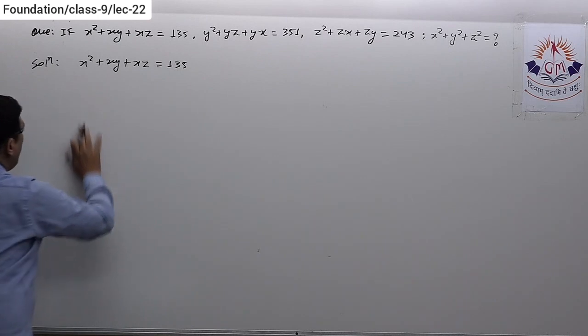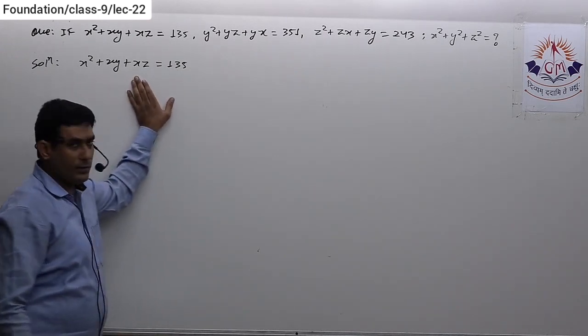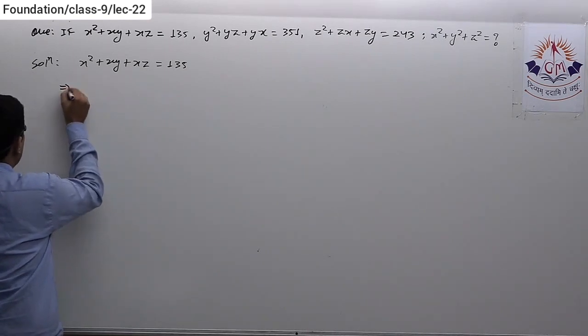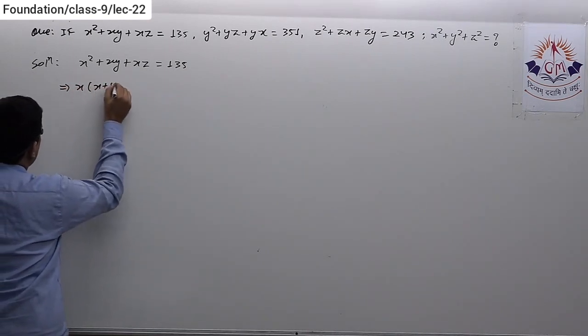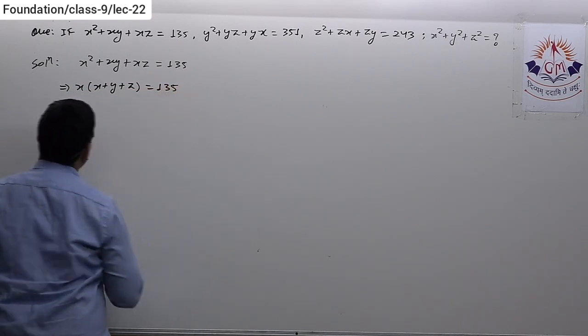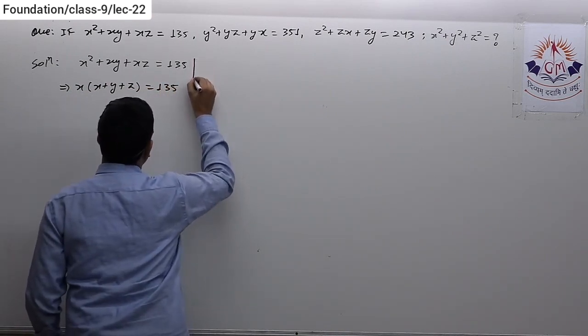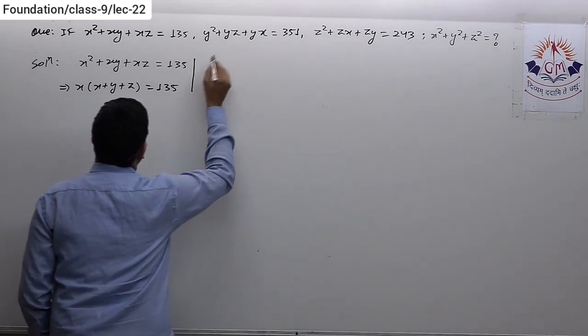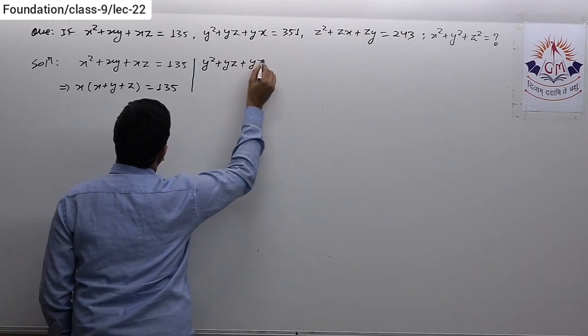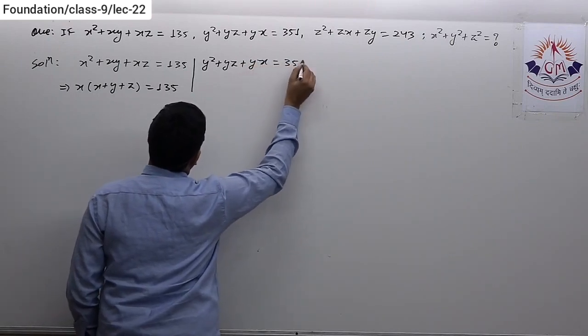If you observe carefully, x is common in these three terms. So if I take x common, I will get x times (x plus y plus z) is equal to 135. I am writing this as equation 1. Similarly, in the second one, y square plus yz plus yx is equal to 351.